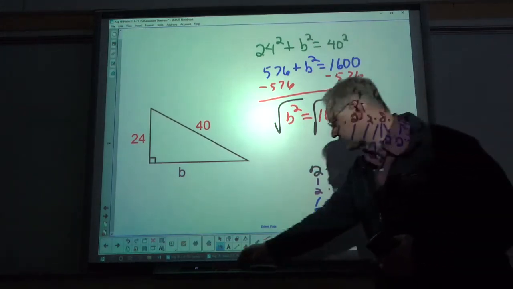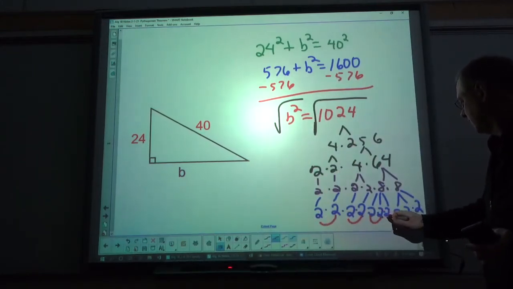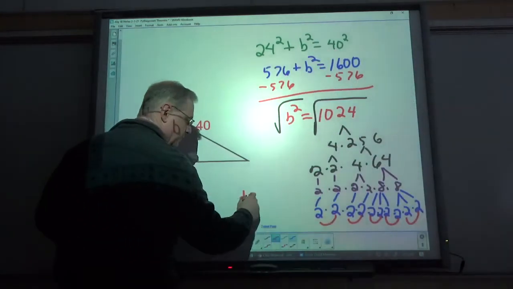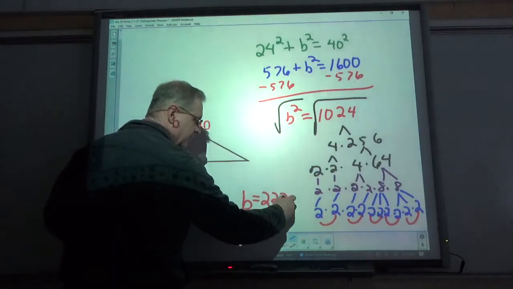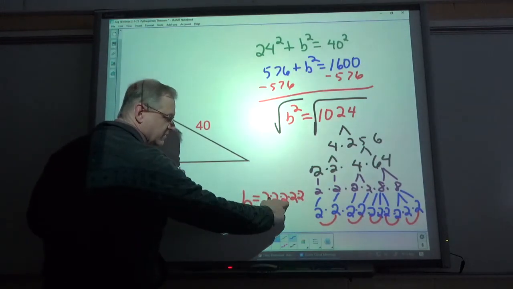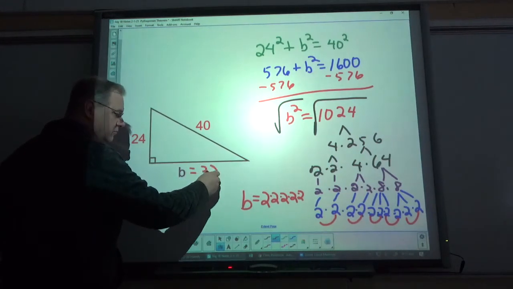Wow, that's a lot of 2s. I have 1, 2, 3, 4, 5 pairs of 2s. 1, 2, 3, 4, 5. 2 times 2 is 4, times 2 is 8, times 2 is 16, times 2 is 32.